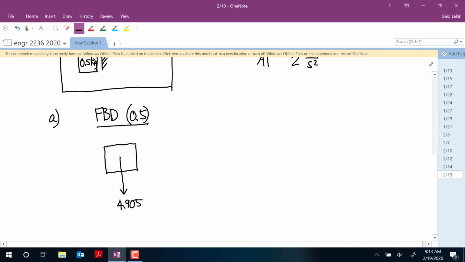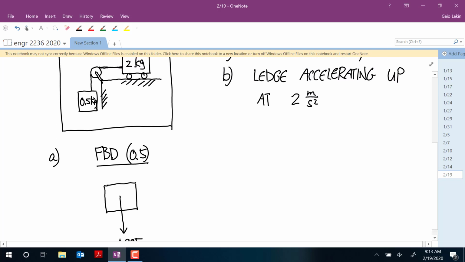And now go around the boundary, look for where the surroundings make contact with it. There's only one place, that's where the cable touches it. And a cable force is parallel to the cable, away from the body. And so that's it for the free body diagram. There's no other contact with the surroundings, so that's it.